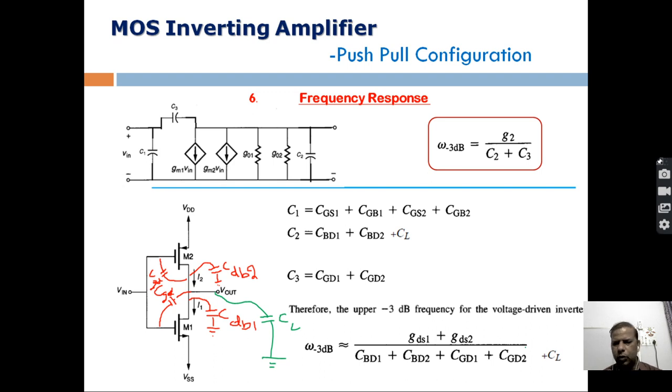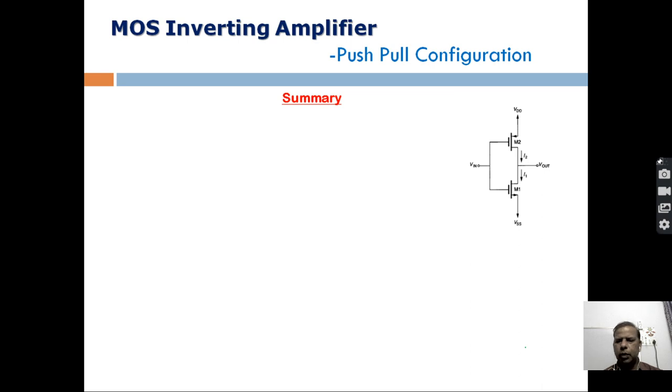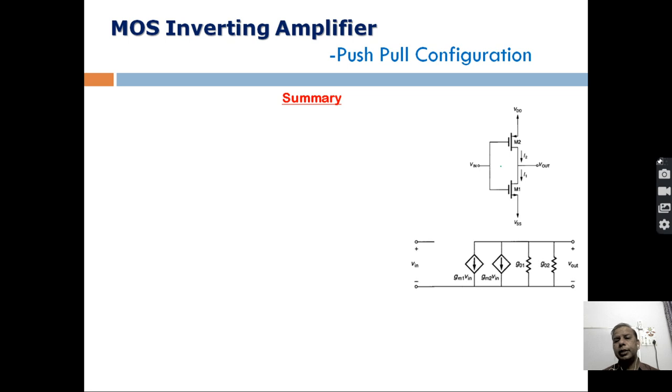I feel that now we have covered almost all important performance parameters of the MOS inverting amplifier, push-pull configuration. So now it is time to summarize all our discussion. We discussed this MOS push-pull configuration and its equivalent circuit.